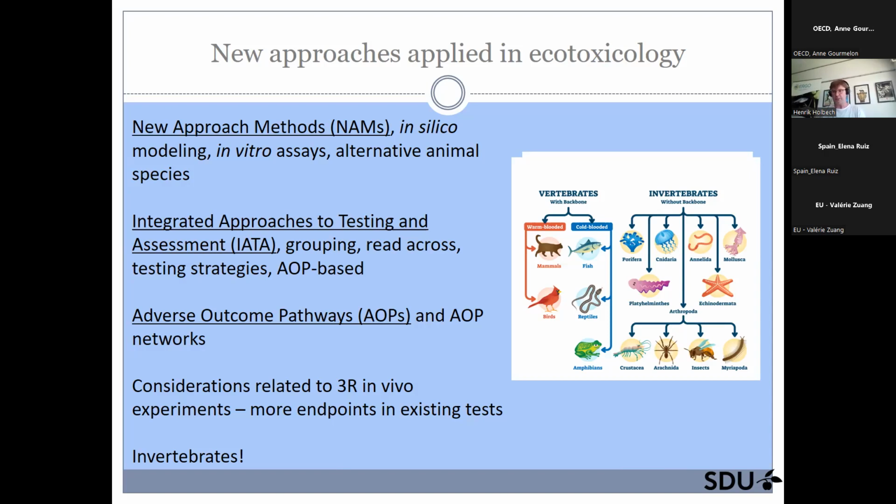I'm not going much into detail with AOPs because Dries will do this very shortly. And then I added also the considerations related to 3Rs with our existing in vivo experiments, where work is ongoing on adding more endpoints to the existing tests so we can get as much information out of in vivo testing as possible. And then my last point is the invertebrates. That is, I think, a special issue related to read-across that I'll come into more detail with later.